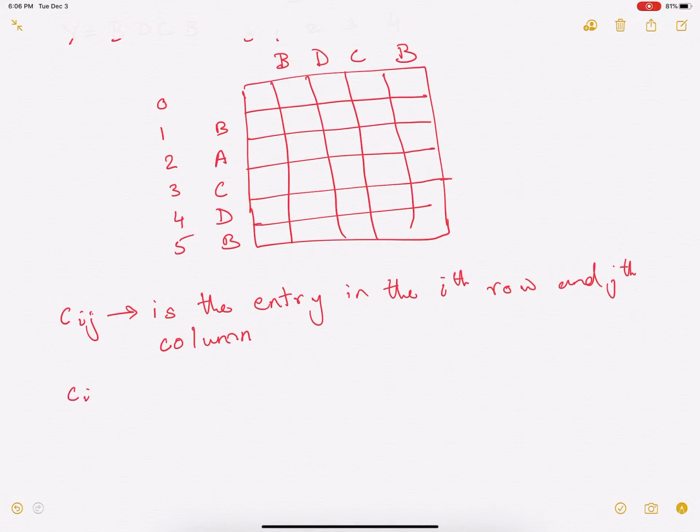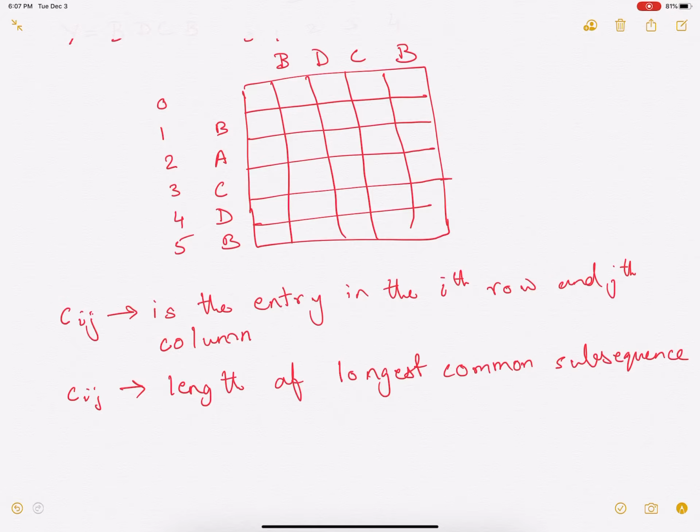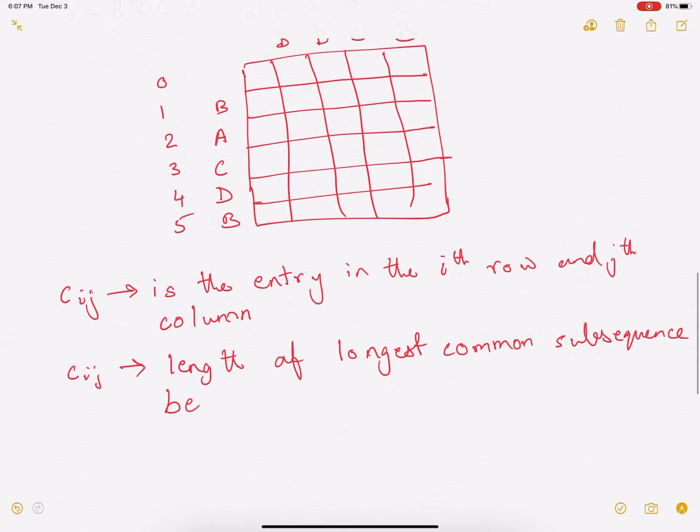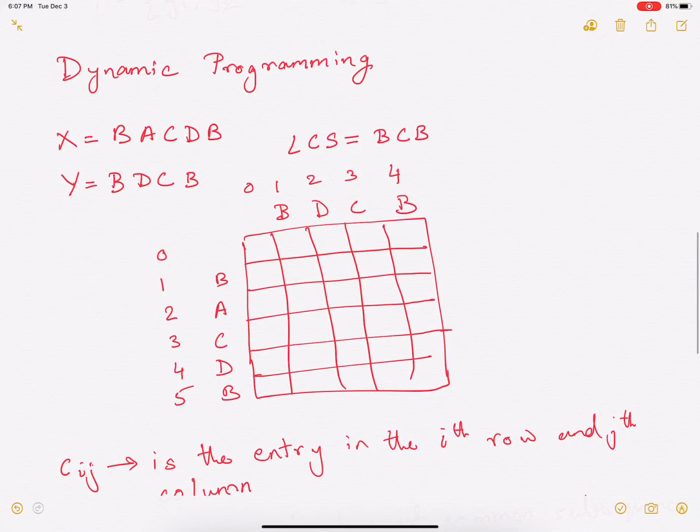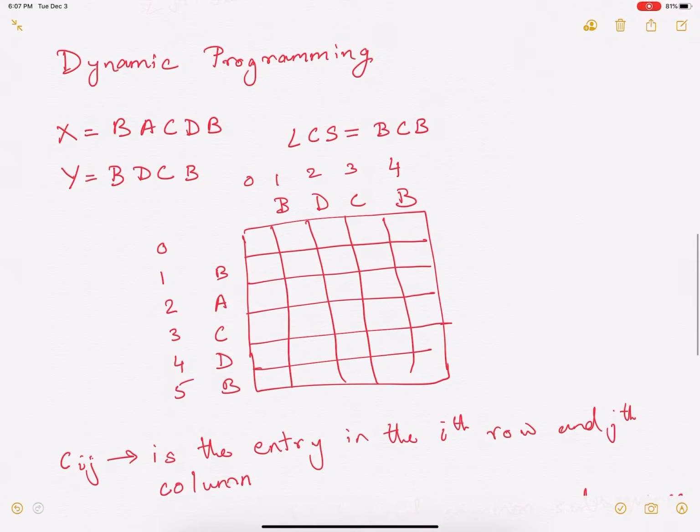Cij captures the length of the longest common subsequence between xi and yj. So x is this one here, there is y, and what is xi and yj?